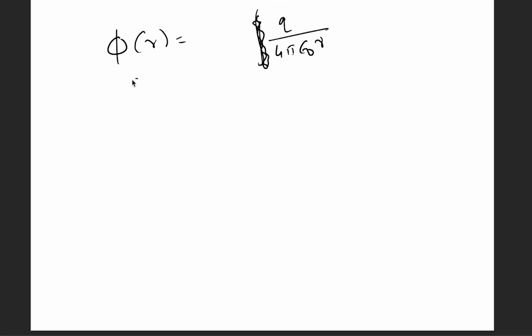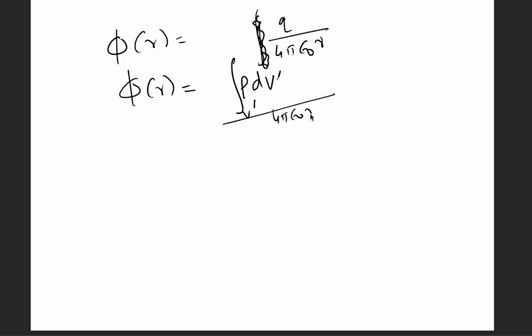However, if this charge q is composed of, let us say, a volume charge, then to find this q I will replace it with this integral, that is, I will find the total charge, over 4 pi epsilon naught r. So you see that this integral is with respect to the source points, not the field point, or this distance will again change, of course. This distance is between the source and the field.